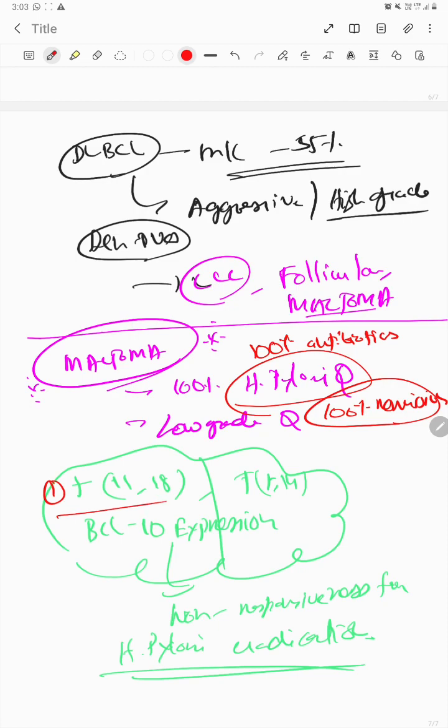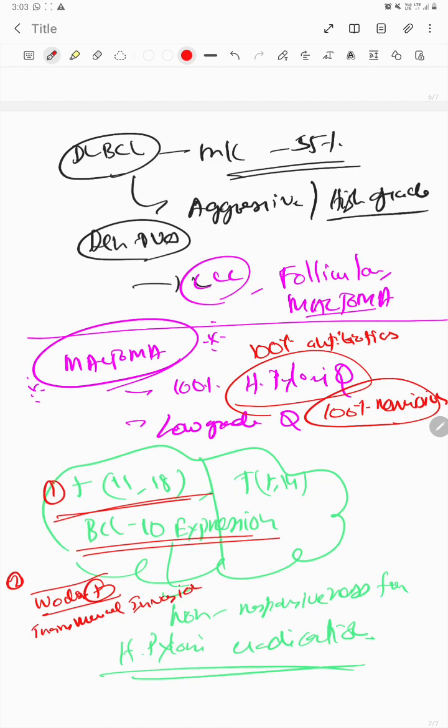One will be translocation 11;18 and BCL10 expression, and other things will be nodal status, like node positives, transmural invasion, and H. pylori negative. In these cases we have to go for chemoradiation, like external beam radiotherapy, as the best response.